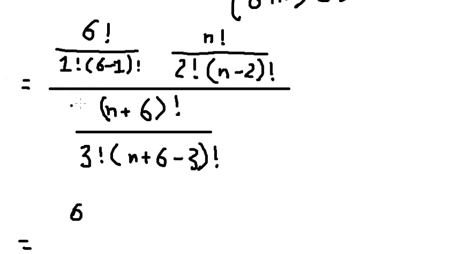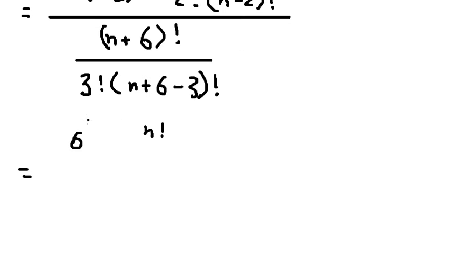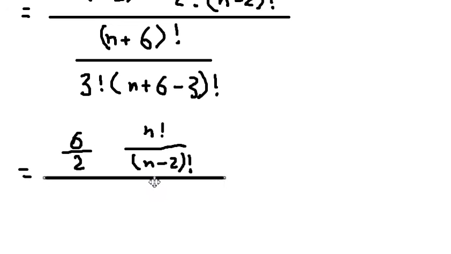1, they got 1. 2 factorial, we have 2. So we put 2 on here. Now this one we need to simplify it.